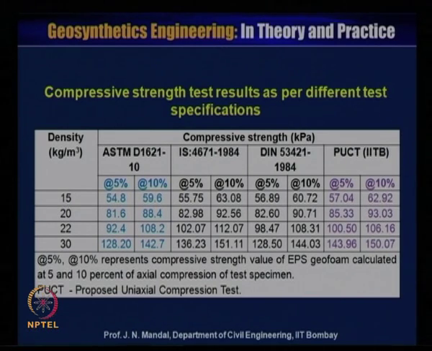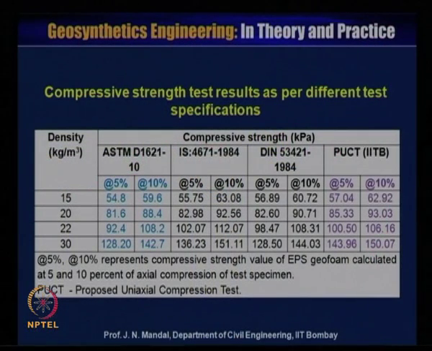Now, these are compressive strength test results as per different test specifications. We have performed them in our geosynthetics research and testing laboratory, for all the different densities of the EPS geofoam and the different methods.